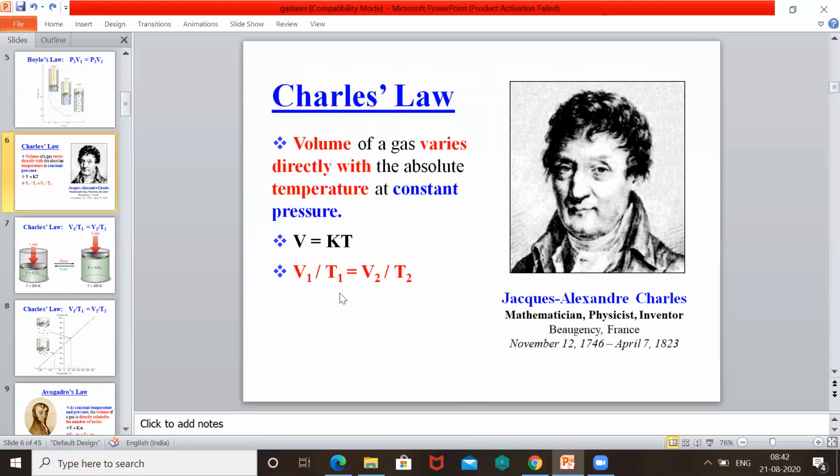There are some corrections, pressure correction and volume correction, and when we correct these two, it becomes a real gas equation. We have to derive that equation, called the van der Waals equation of state, and we will derive it in the next class. So today you remember this. In the next class, we will be seeing other things.